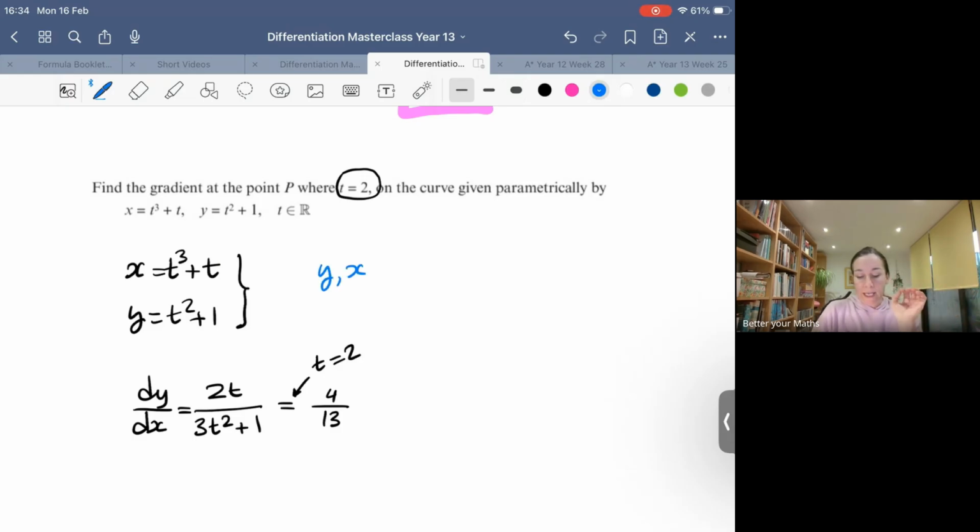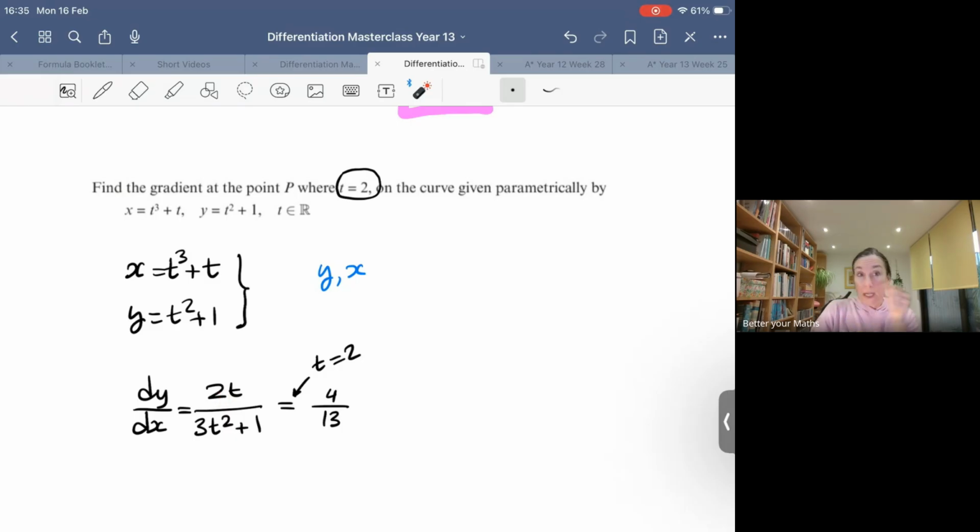If I eliminate the parameter and I have an equation of y in terms of x, and they ask me the gradient or the derivative, I could differentiate that. But if they don't ask me first to find the Cartesian, and they give me the value of the parameter, I'm going to differentiate this way.